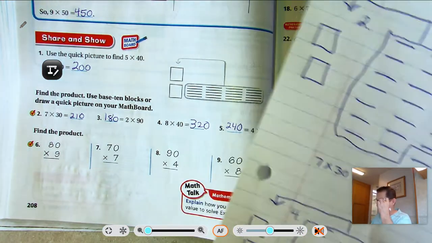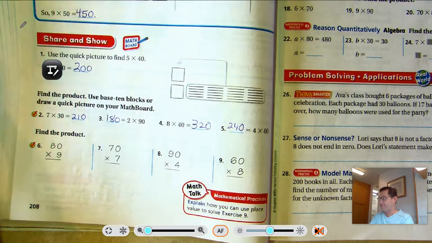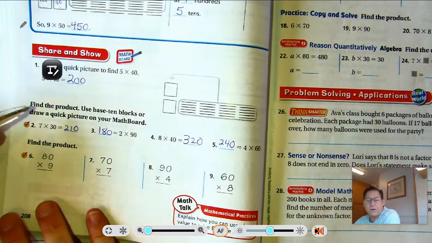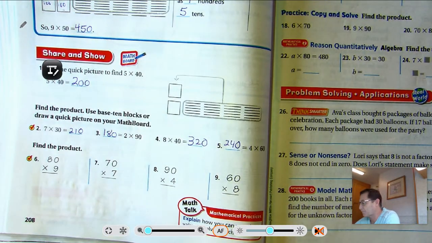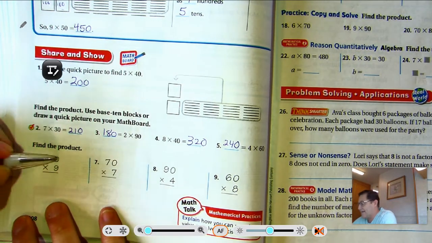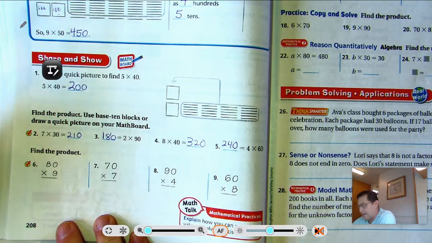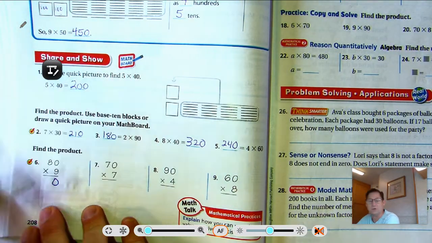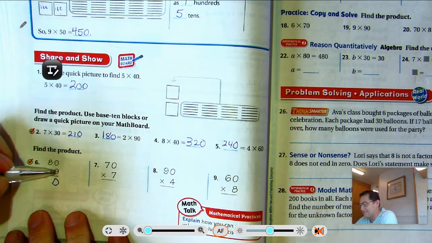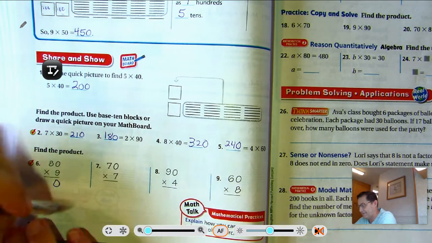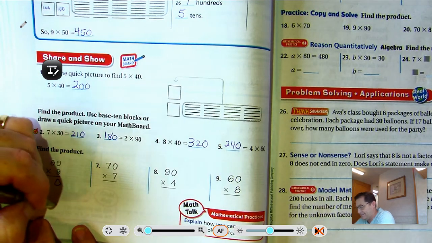All right, number 6, find the product. Okay, so we're going to use place value and regrouping on this one. Okay, so 9 times 0, there aren't any ones. So 9 times nothing is 0. 9 times 8 tens.